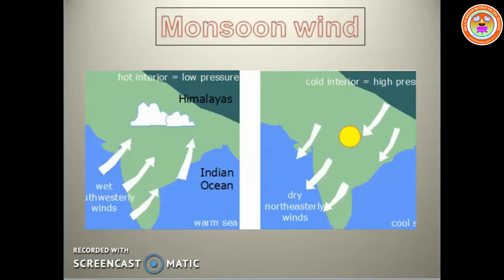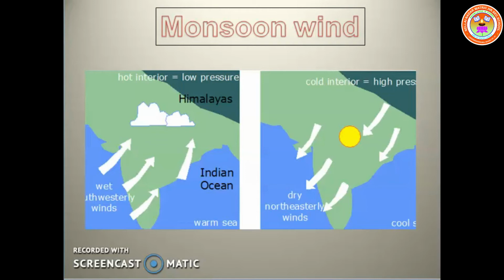Next one, periodic winds. The periodic winds are seasonal winds that change their direction periodically. These winds are caused by differential heating of land and ocean. The winds which reverse their direction with the change of season are called monsoons.